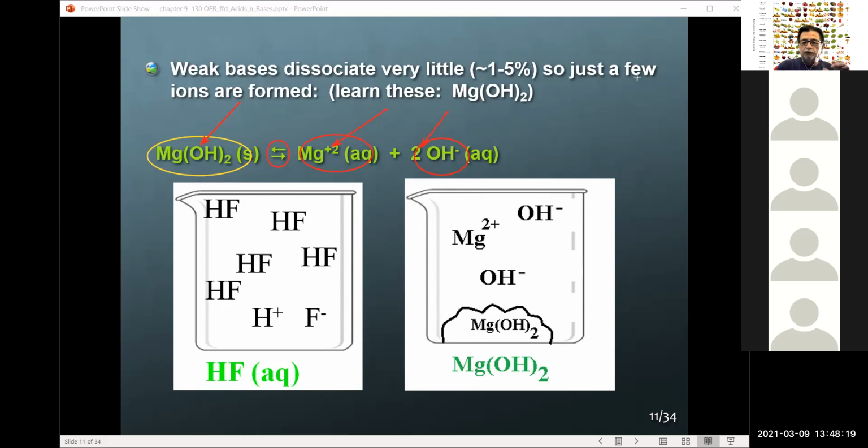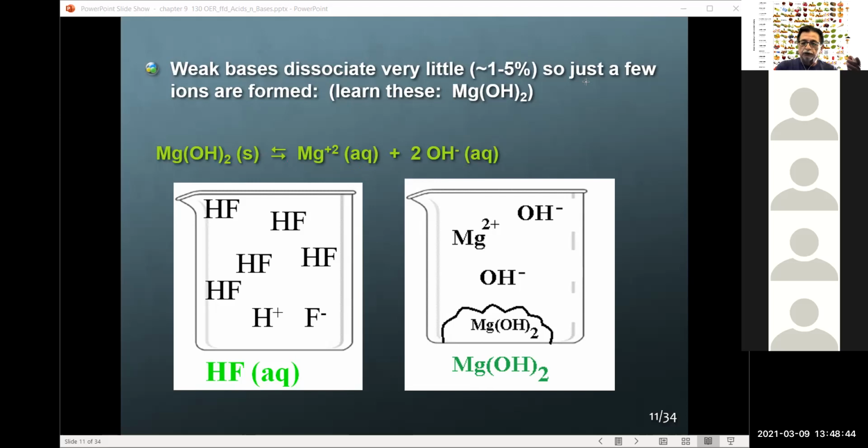All right, so how do we represent these weak acids and weak bases in diagrams? We do it as follows. On the left is an example of a weak acid. We have to identify it first. HF, by definition, from the examples of weak acids we gave you, is a weak acid.